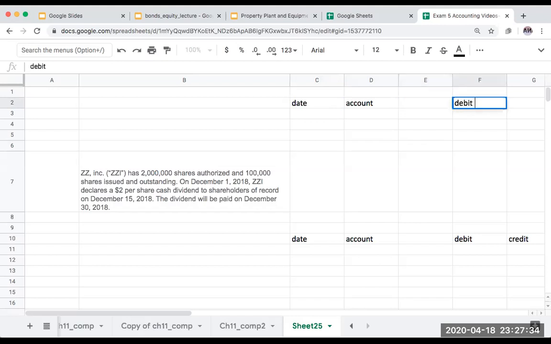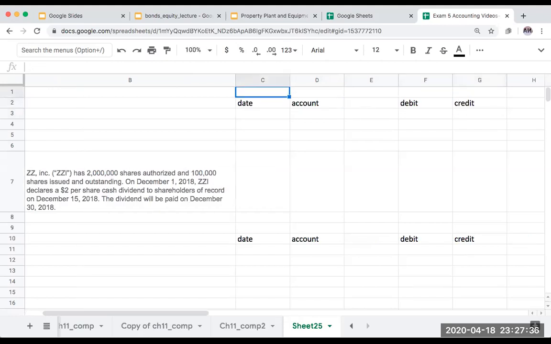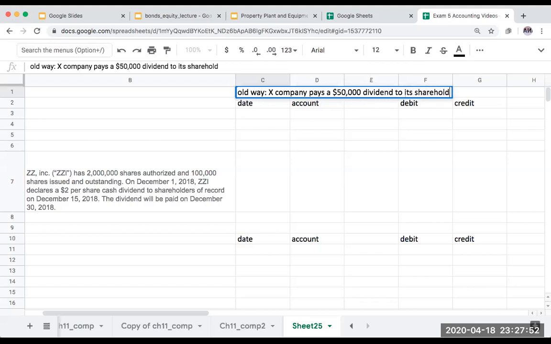and let's just say the old way, X company pays a $50,000 dividend to its shareholders.